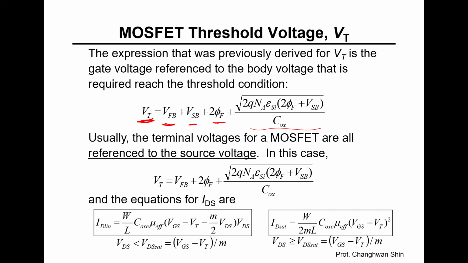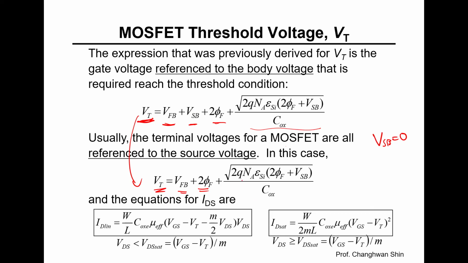So when VSB is 0, in other words, the source is connected to the body, the expression above simplifies to Vt is equal to the flat band voltage plus 2 times the bulk potential plus others.